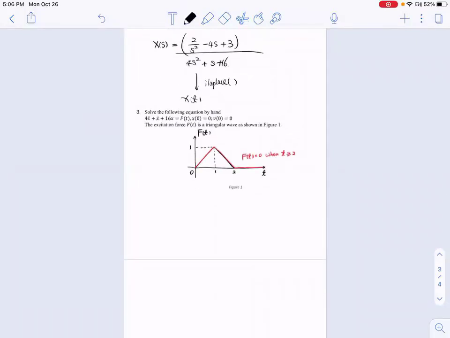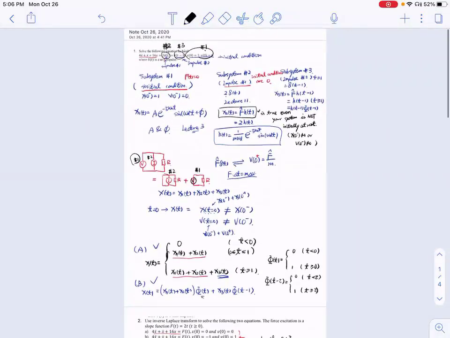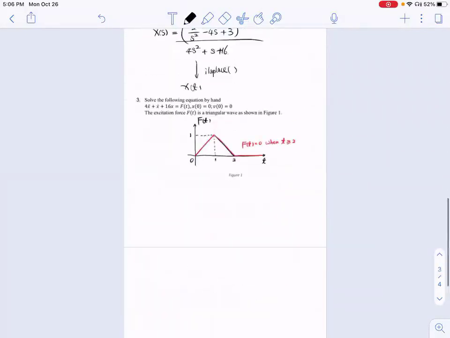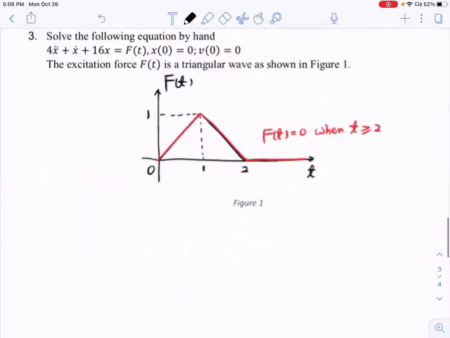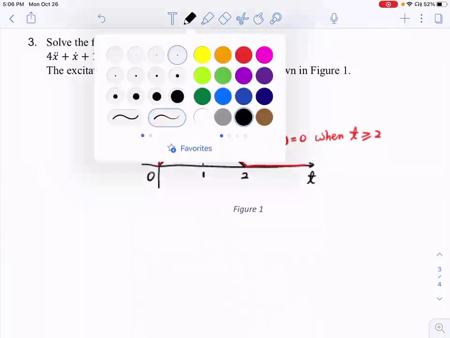In Q1, let's go back to Q1. Once you see this problem, you can directly see where the subsystems are. There were 2 impulses and 1 initial condition, so we should have 3 subsystems. But in this case, how many subsystems do we have?